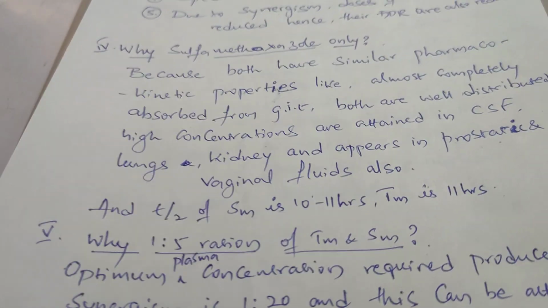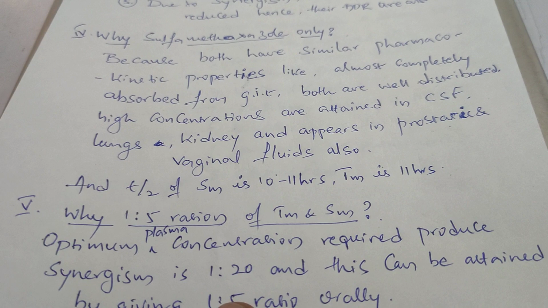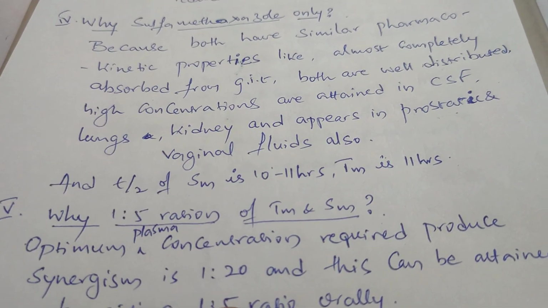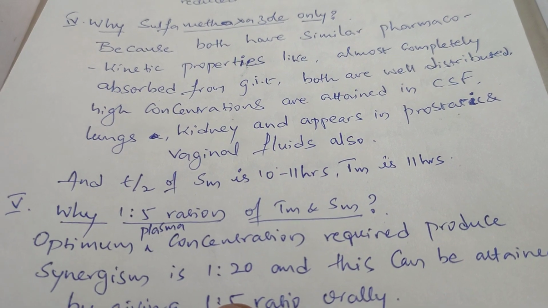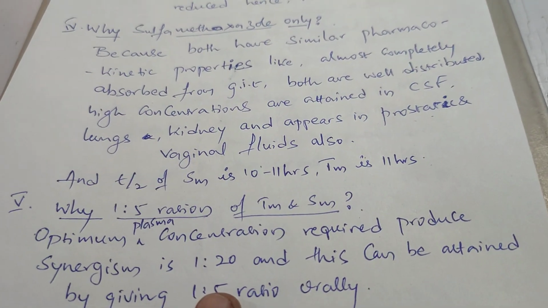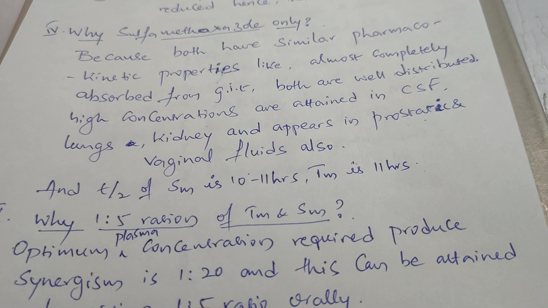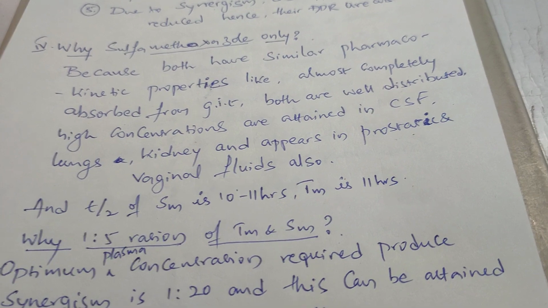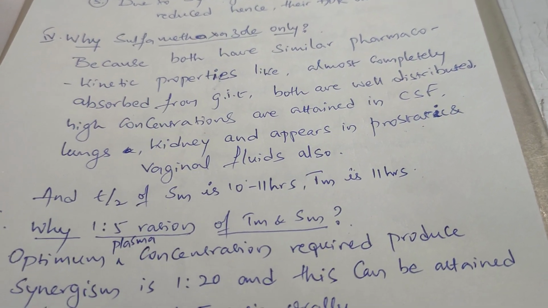Because in vivo as well as in vitro studies, it is found that to produce bactericidal or synergistic action, the optimum plasma concentration required is 1:20. So 1 portion of trimethoprim and 20 portions of sulfamethoxazole should be there.